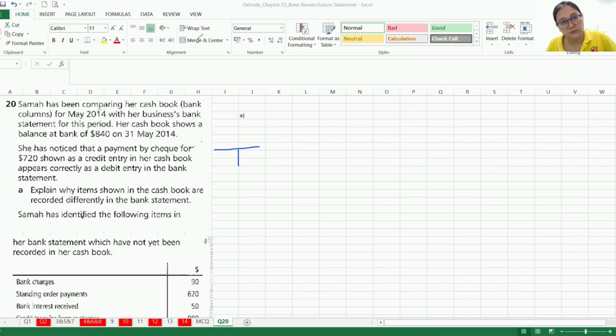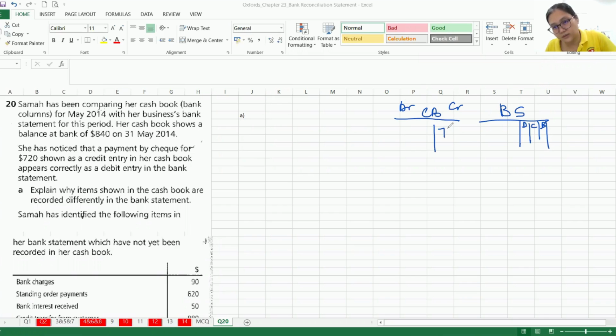Okay, let me put it here. This is a cash book. This is a bank statement: debit, credit, and balance. This side is a debit, this side is credit. They say that this 720 is shown on the credit side, but the bank statement shows it on the debit side. They ask why these two are different. Here credit, why is this one debit?